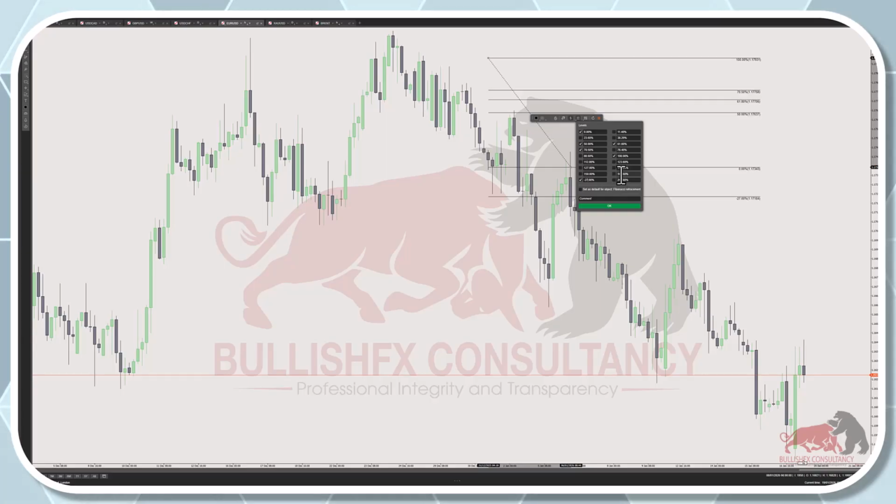Then target number 2, that's the negative 62% retracement level. And then target number 3, that's the negative 100% retracement level. Then I'm going to put the two ticks. Now you can see I now have my targets: negative 27, negative 62, and then negative 100%.